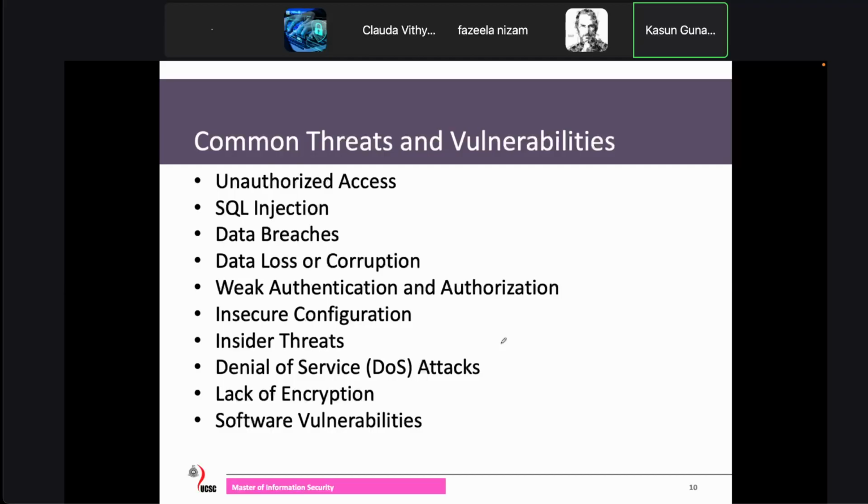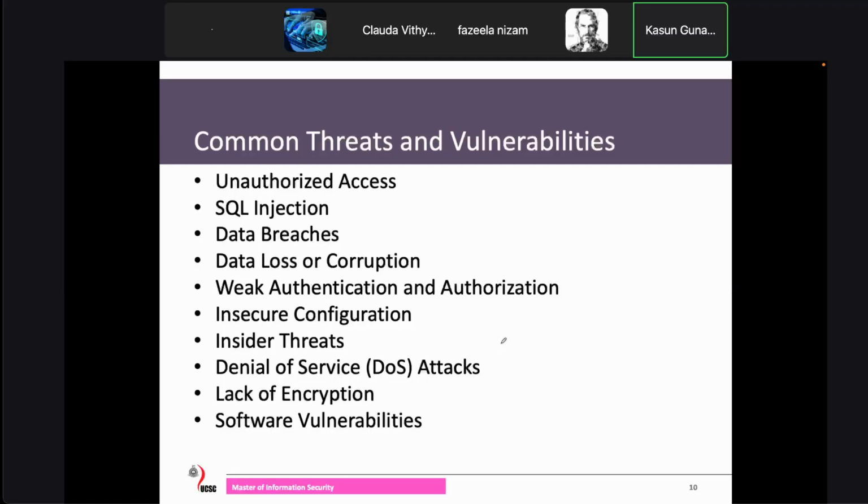So, unauthorized access or disclosure of sensitive or confidential data stored in databases. These incidents can occur due to various factors like weak security controls, weak authentication mechanisms, improper access control, maybe insiders or malware. So different reasons might be there.